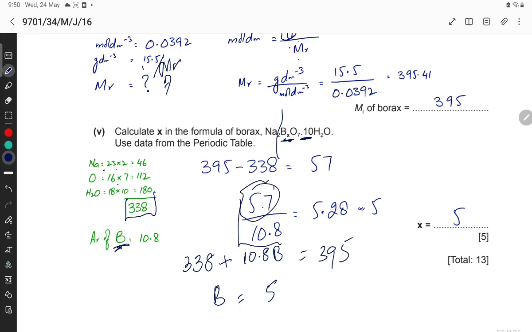So this is the value of x, the boron value.